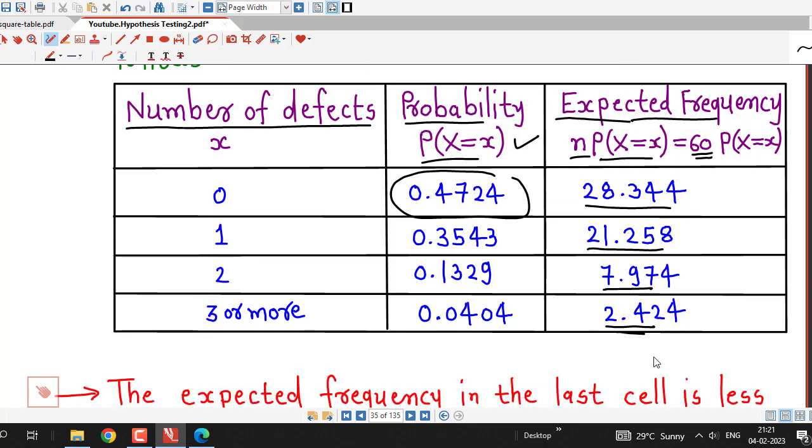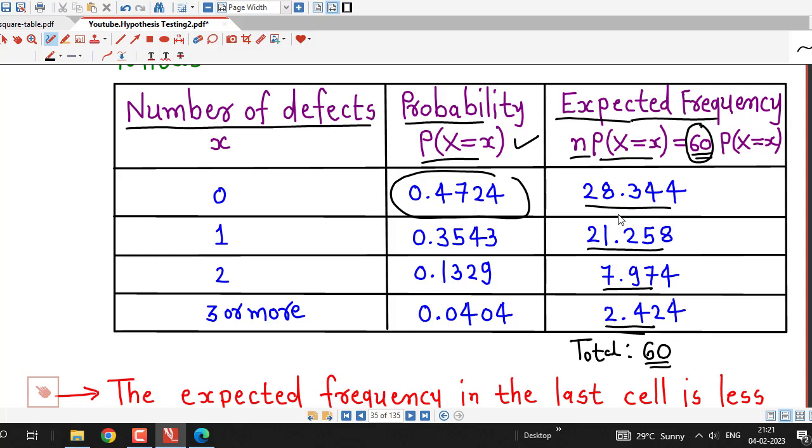And as a cross check, you can take the total of all the expected frequencies, and I have checked that this total is equal to the sample size 60. It must be equal to the sample size if we have calculated expected frequencies correctly. So that is the cross check for the calculation of expected frequency.